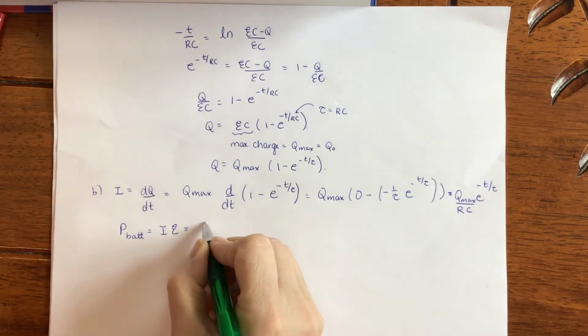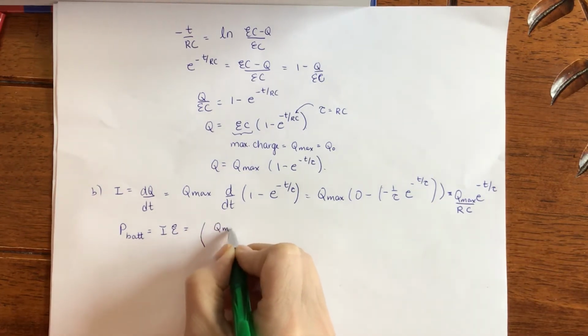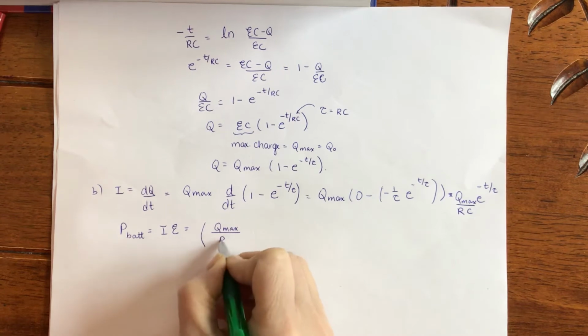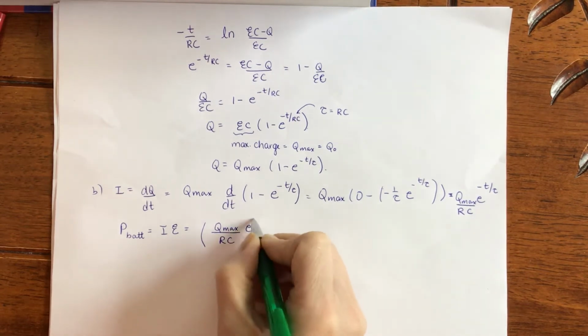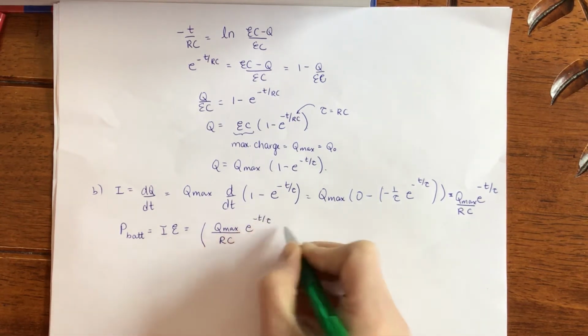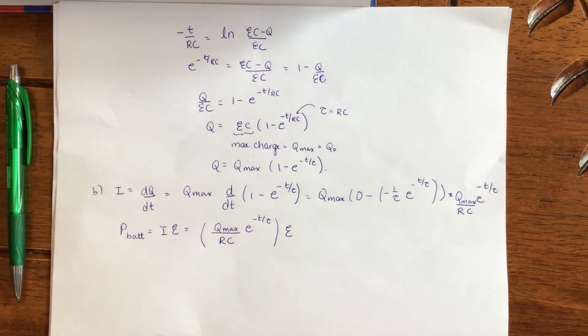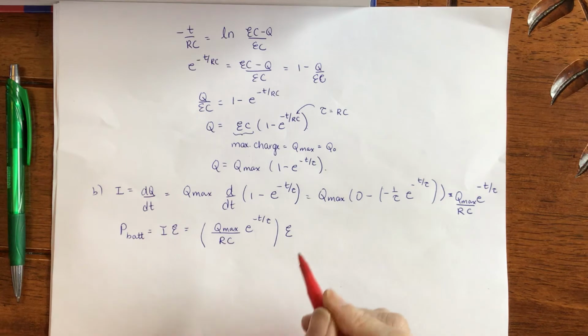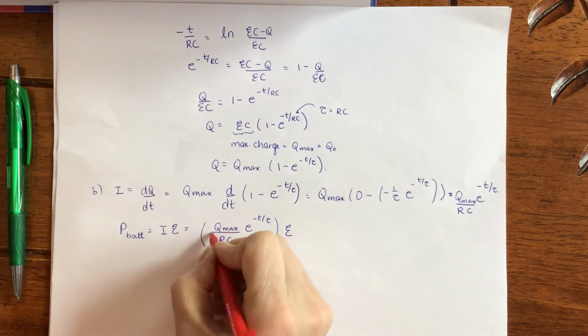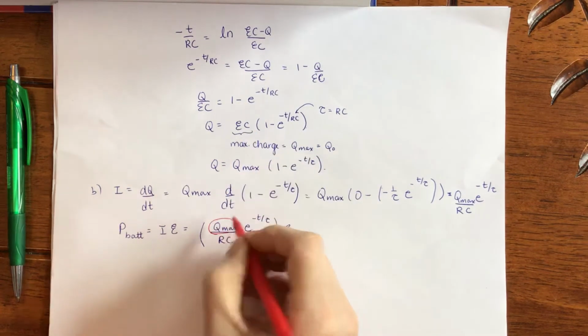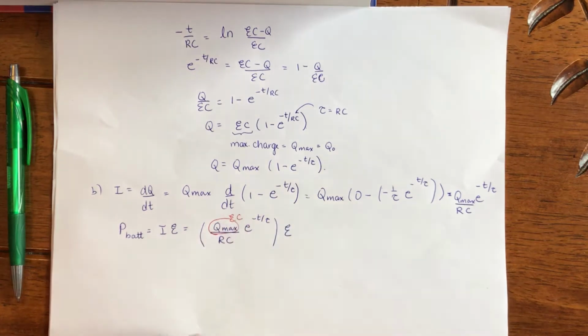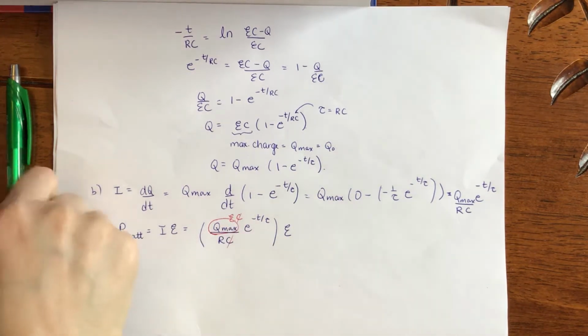So our current is Q maximum over R times C e to the minus t over tau. That's all going to be multiplied by our potential epsilon. Q maximum is the maximum charge on the capacitor. We had that in our previous expression. That was epsilon times C. So our C's cancel and we've got epsilon over R left.